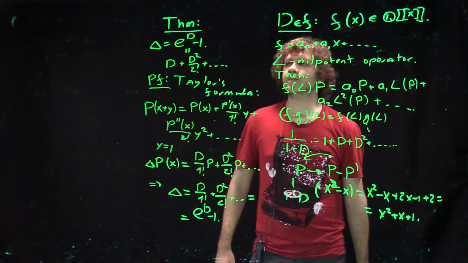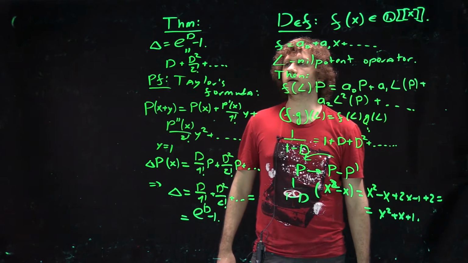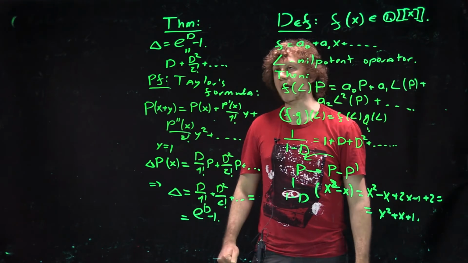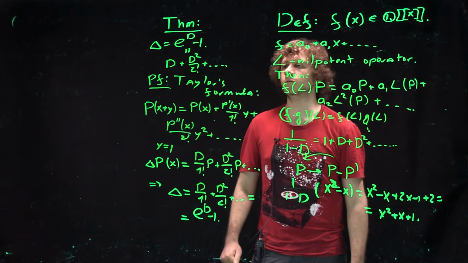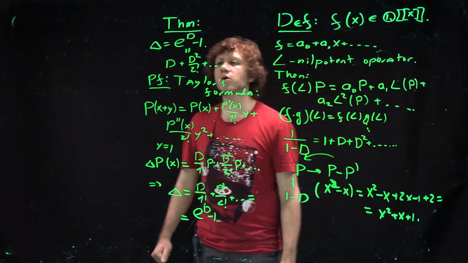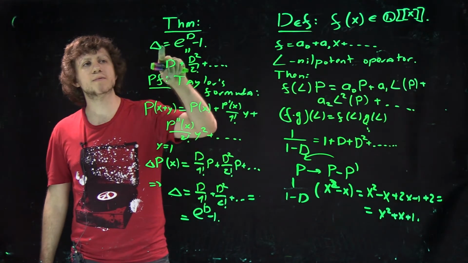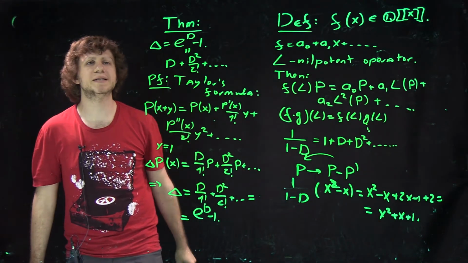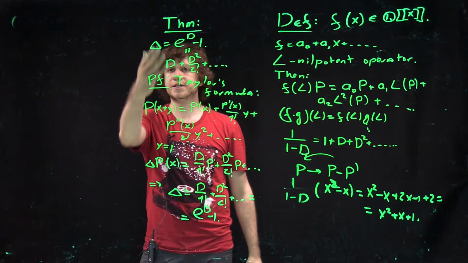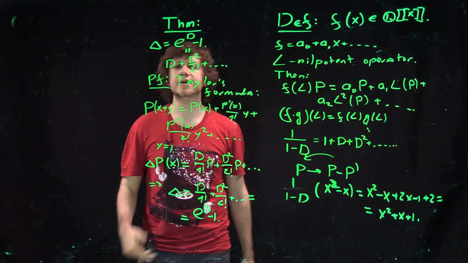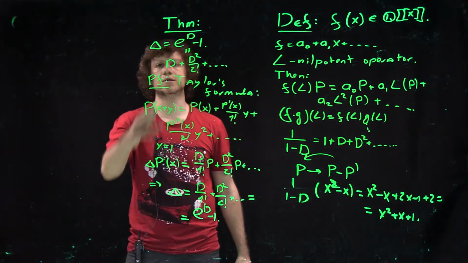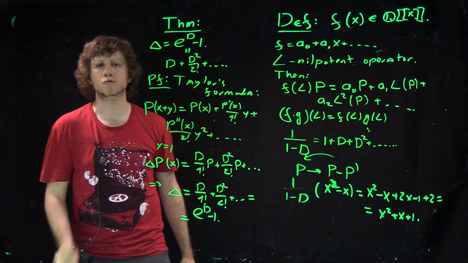Wonderful. So for solving this problem about sums of powers, I want to find the inverse of my delta operation. But delta as an operator clearly doesn't have an inverse, because it lowers the degree and sends constants to 0.